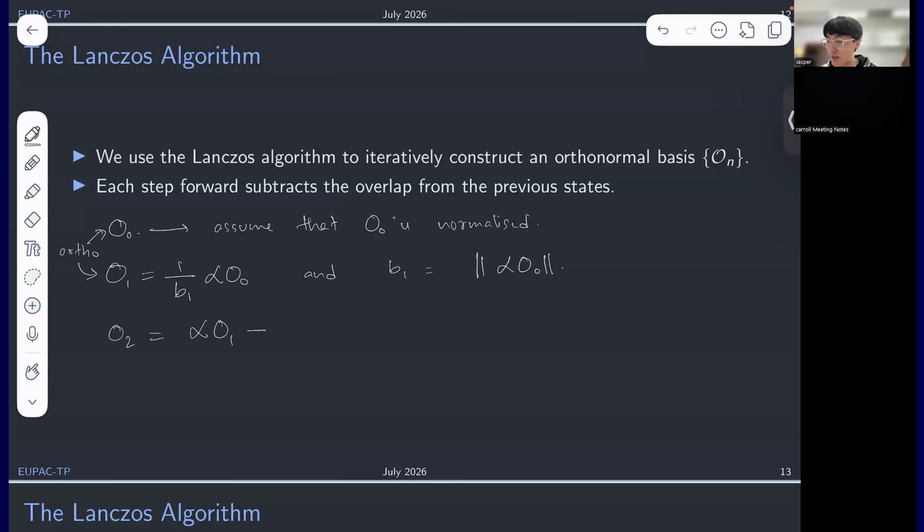So our overlap is with O0, right? So I will subtract some constant B times O0.